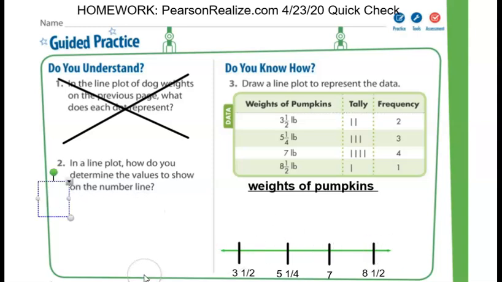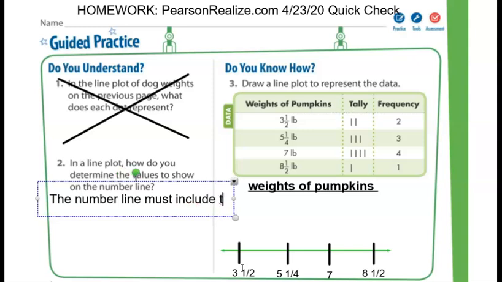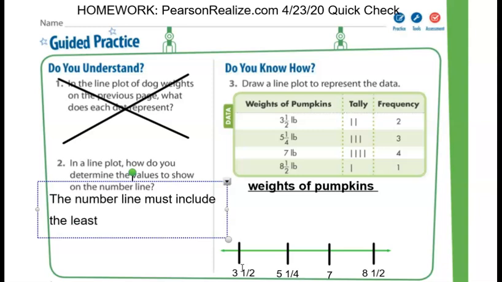What's really important is that the first number on your number line includes the smallest value. So if your smallest value is 3.5, you don't want to start your number line at 4 because you won't have anywhere to put 3.5. The number line must include the least and the greatest.